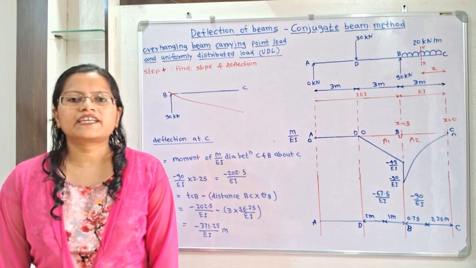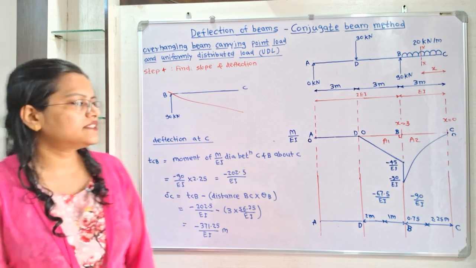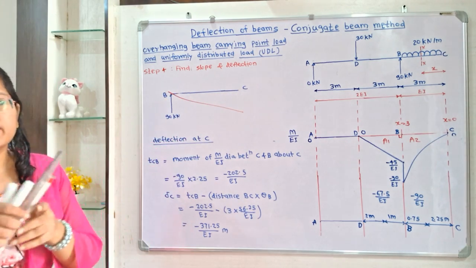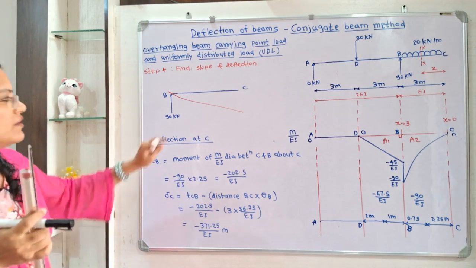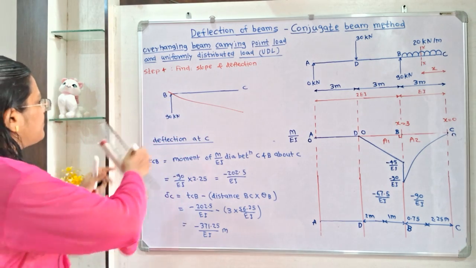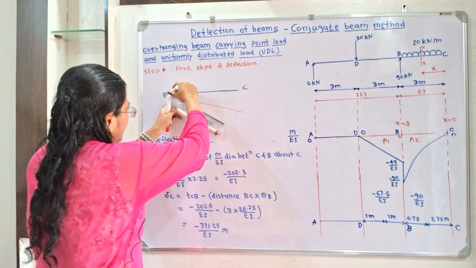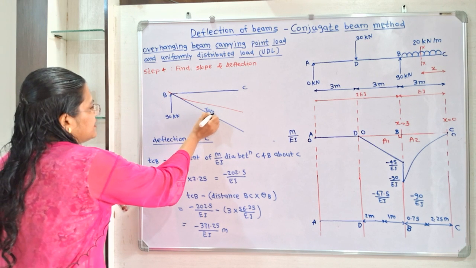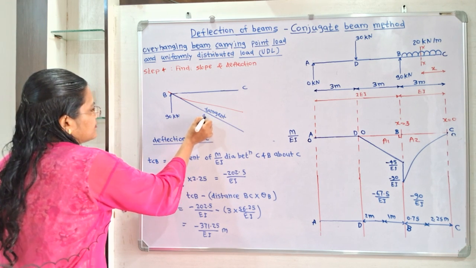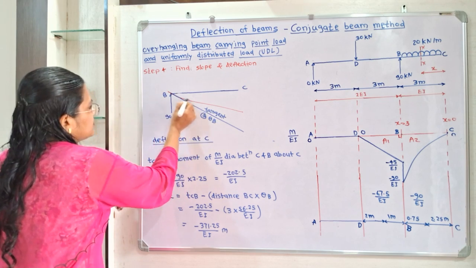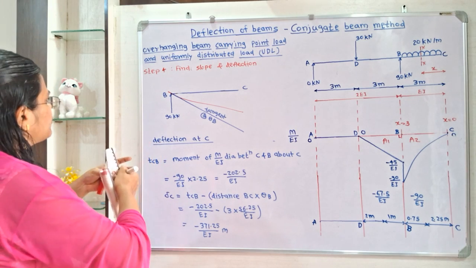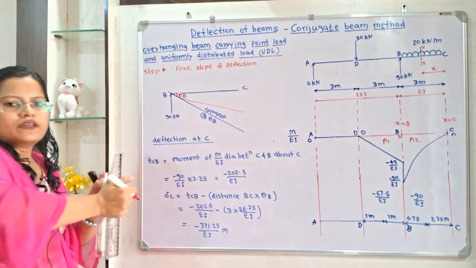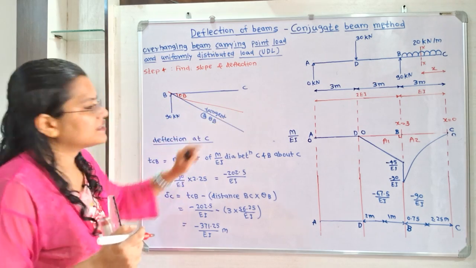We will calculate the deflection at point C. If we consider this bending of this part BC is in the downward direction, then we will draw one tangent to this bending at point B. I will show here this tangent line, and this is known as the tangent at theta B. Because this slope theta B is known at point B, we will show here it is theta B. Now if we observe, this bending is in the downward direction.